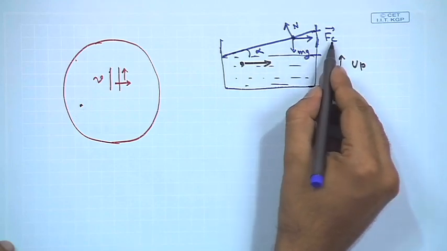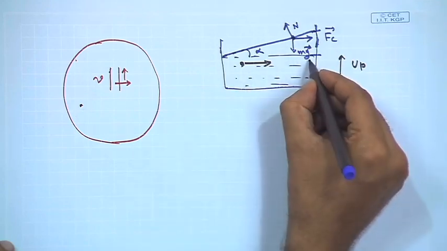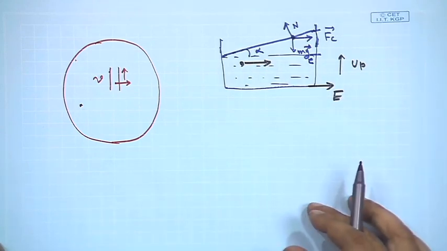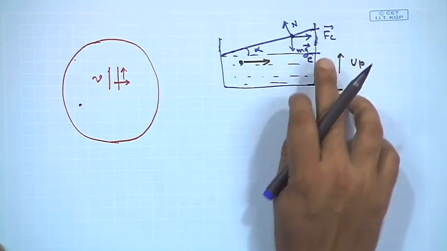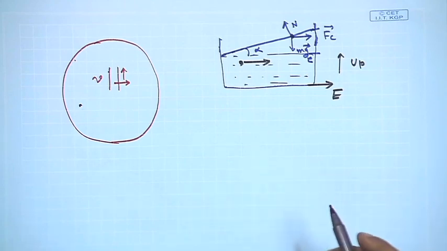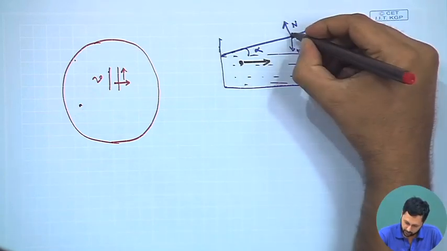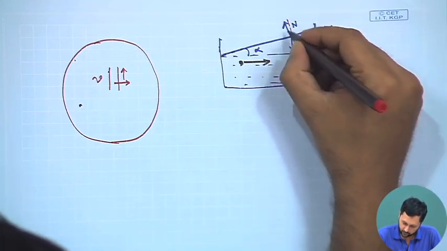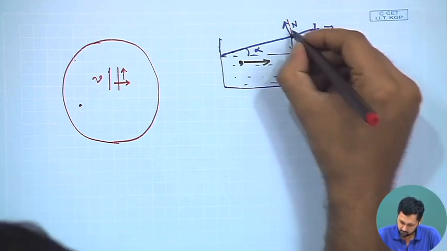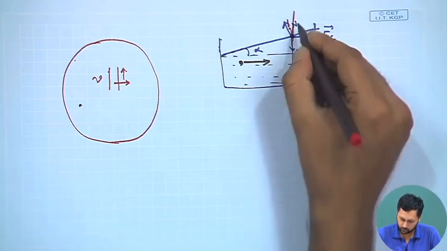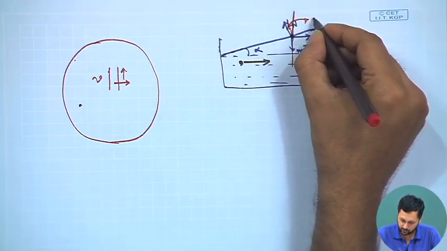Now, this mg and Fc are perpendicular to each other. This g has to be replaced by g_e as it is given in the problem. Strictly speaking, g_e and Fc will not be exactly perpendicular, but this effect is so small that we can neglect that. If I draw a perpendicular with respect to this axis, this angle here once again will be alpha.